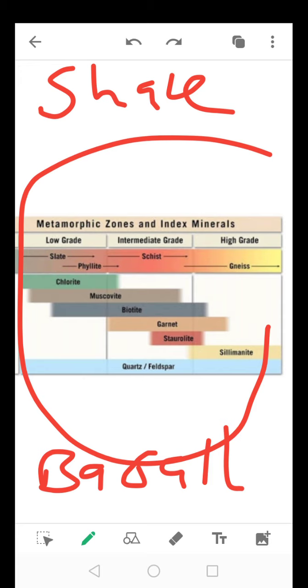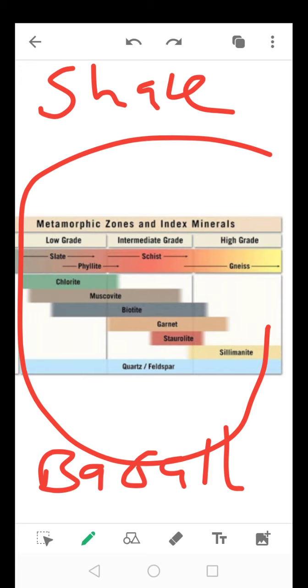So they are used to map areas of high or lower metamorphic intensity called metamorphic zones. Remember, I took you through metamorphic facies. Now I'm talking about the metamorphic zone.